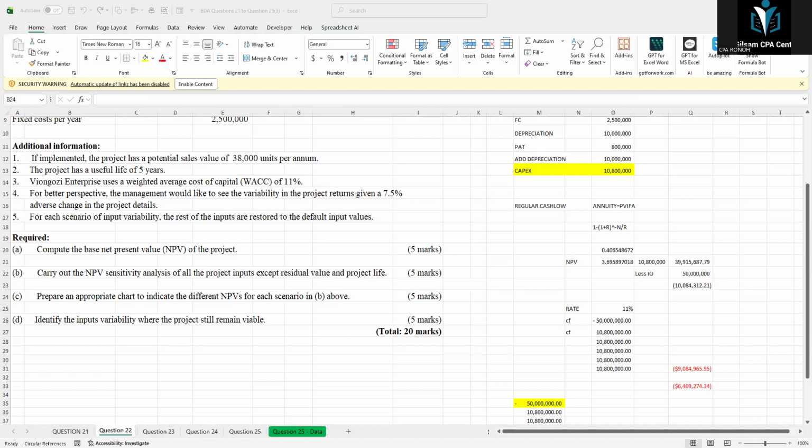Because some of the other questions we have, we have to use Excel functions. So it is a general question, but now you have to use Excel.